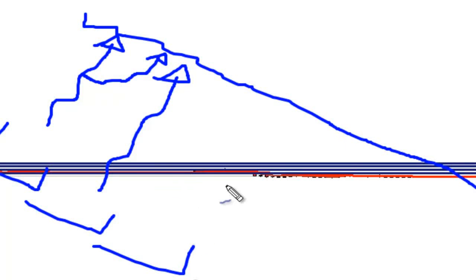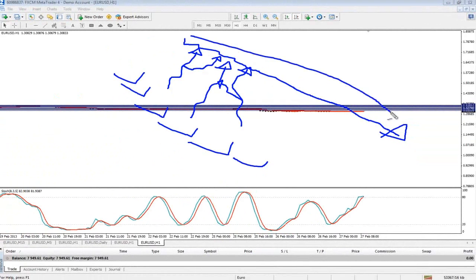So you have these veins of price movement that might be completely against the big overall trend.